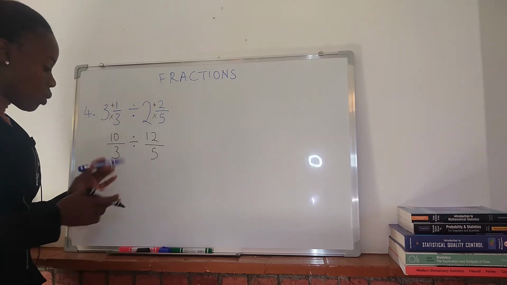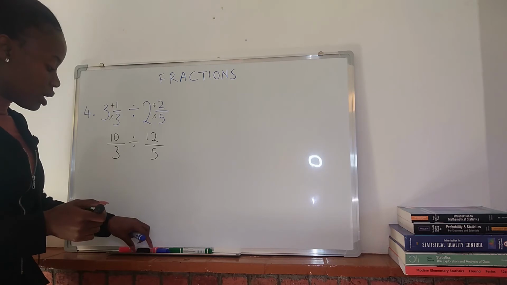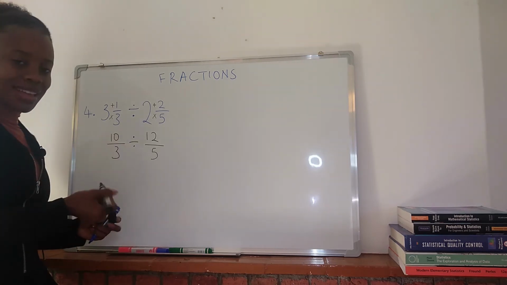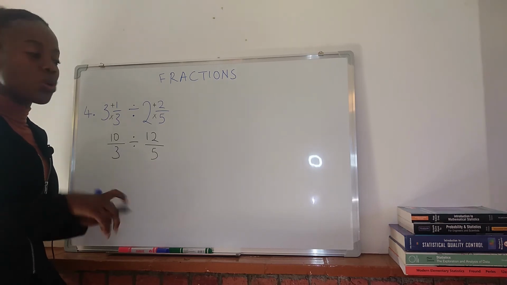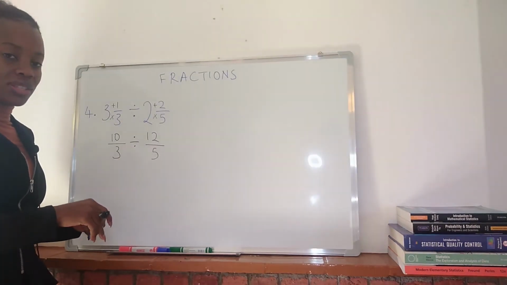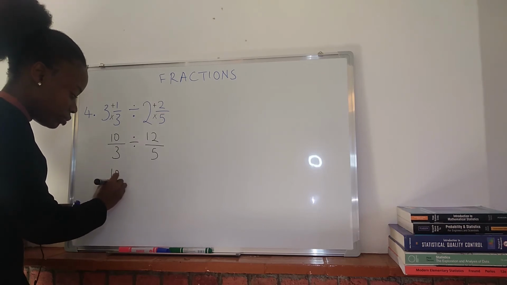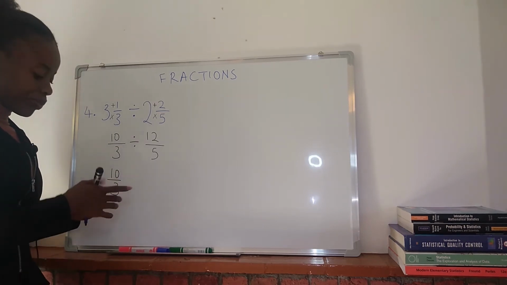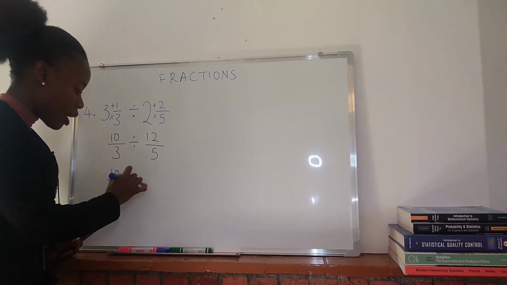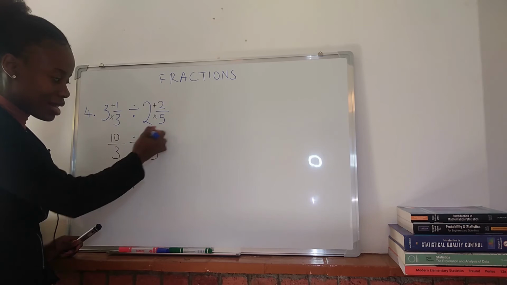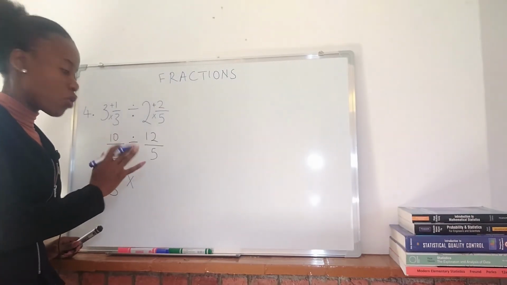When you are dividing, you are going to change the sign. Since we're not using a calculator and you are showing all the steps, 10 over 3 is still 10 over 3, and then this division sign changes into a multiplication sign, and then 12 over 5 is going to be 5 over 12.